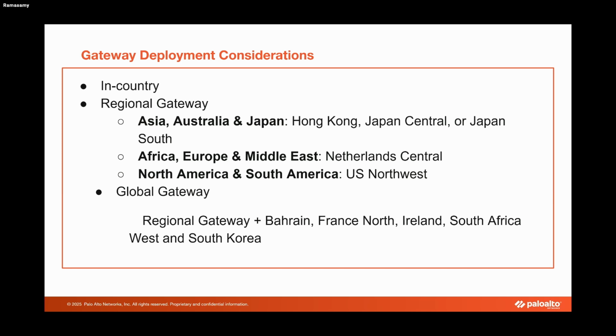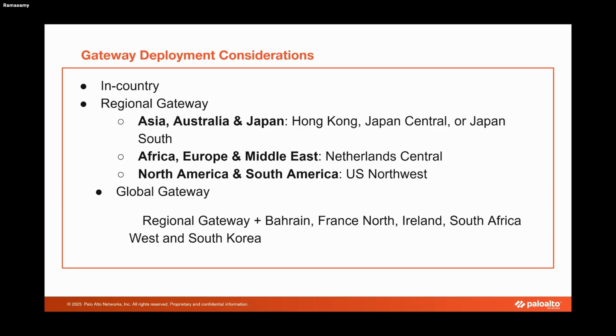So in this case, for a user in Singapore, since we don't have the in-country gateway, which is Singapore, and we also don't have a regional gateway, which is Hong Kong, Japan Central, and Japan South, GlobalProtect will choose a global gateway. If you have onboarded Netherlands Central and US Northwest, along with Bahrain, France, Ireland, South Africa, and South Korea, it will choose a global gateway depending upon which is the fastest one.